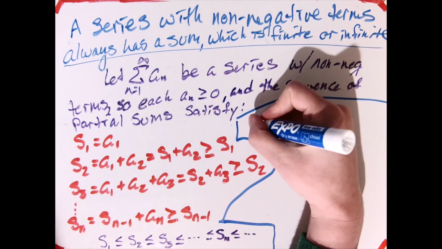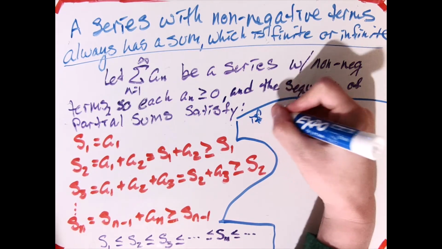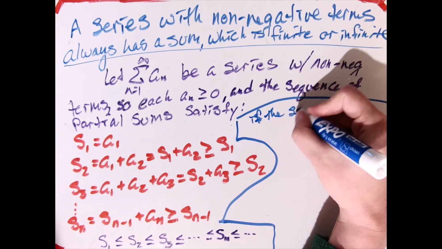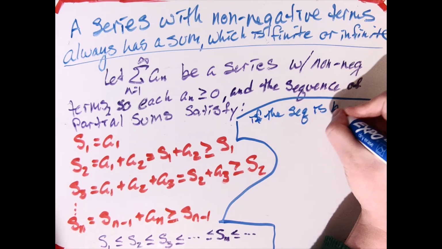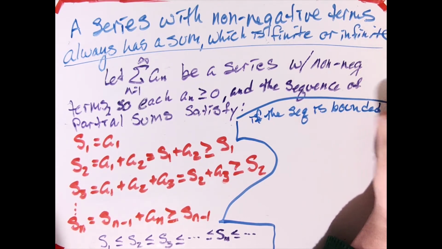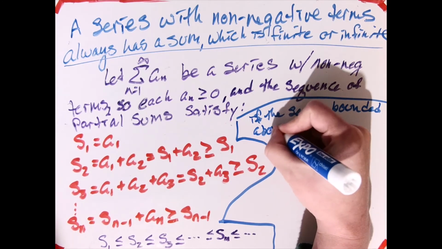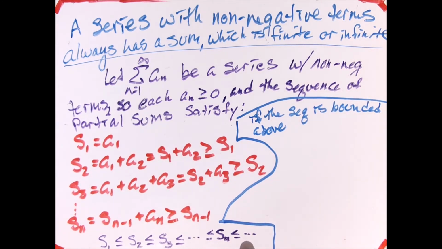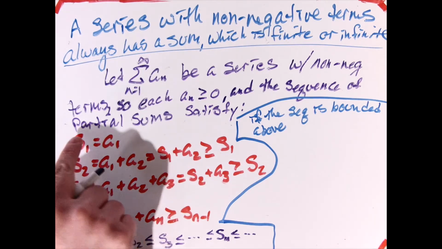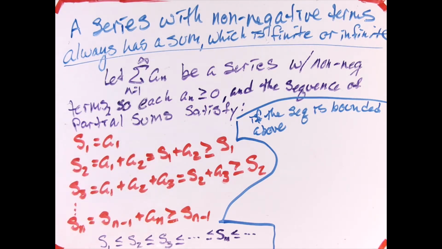So if the sequence is bounded above, well then I have a monotone bounded sequence, and I know that that means that it has to converge. We have a theorem that monotone bounded sequences do in fact converge. Remember, the partial sums themselves are a sequence, so I'm going back to this idea of sequences.